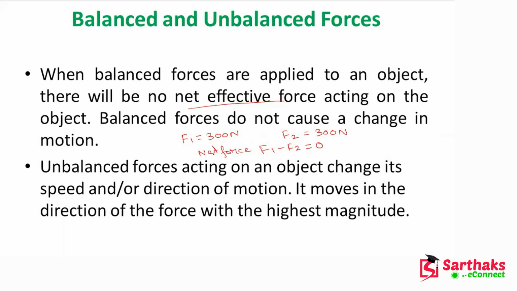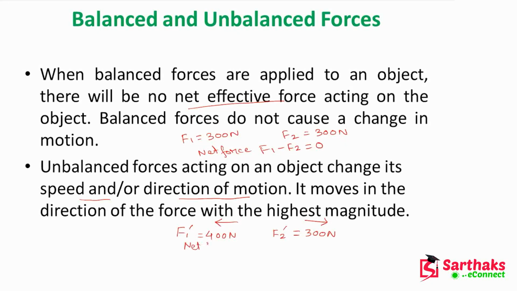Now unbalanced force. Unbalanced forces, whenever they act on an object, change its speed and direction of motion. It moves in the direction of the force with the highest magnitude. Here, if we take the previous example, what was F1 dash? 400 Newton, and it was applied in this direction. And F2 dash was 300 Newton, applied in this direction.